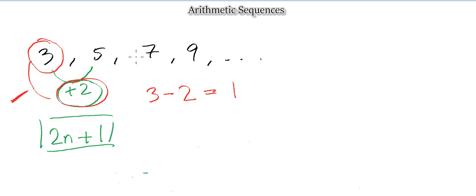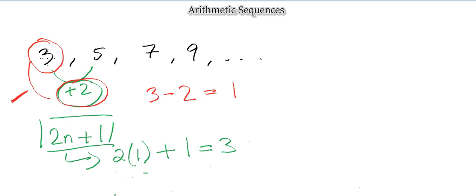Now let's just test that out. Let's see if that actually works. Let's say I want to see if my first term is 3. So n would be the term I'm finding out. So that's the first term, 1. 2 multiplied by 1 is 2, plus 1, is 3.